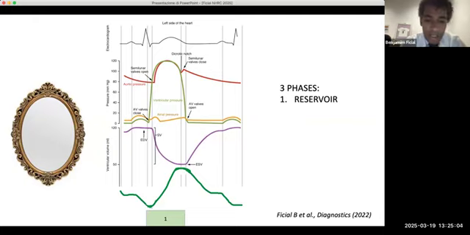Instead, during early relaxation, blood flows passively into the ventricle, the mitral valve has opened, and the LA acts as a conduit between the pulmonary veins and the left ventricle. Finally, in the last phase, the left atrium contracts and actively pumps blood into the LV.